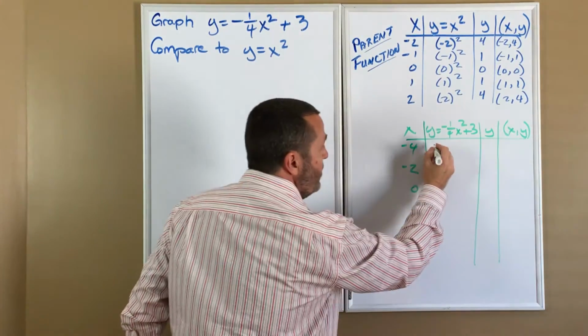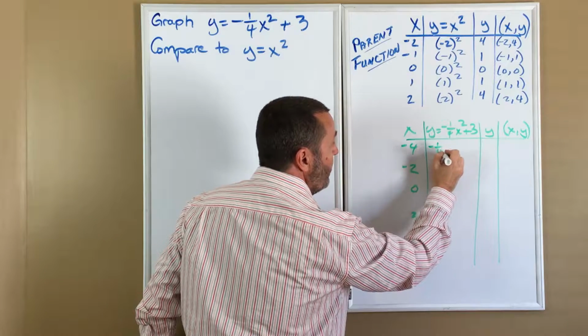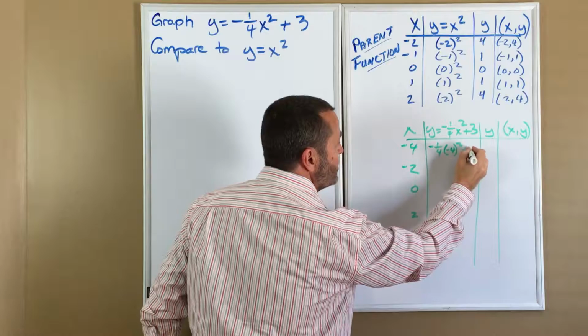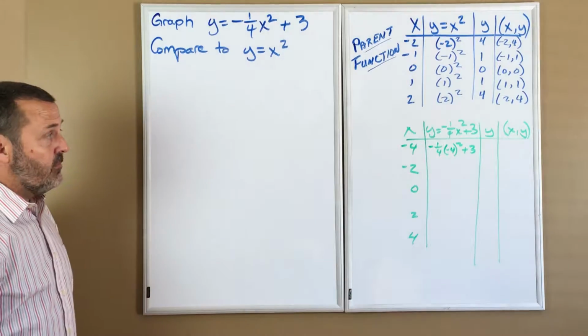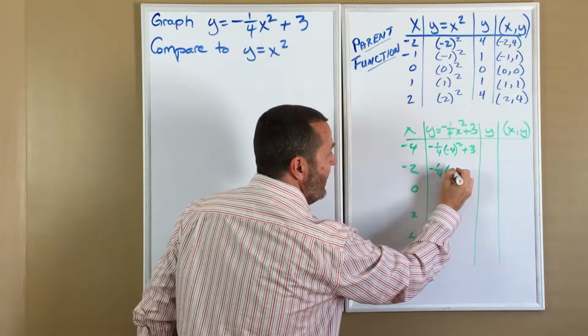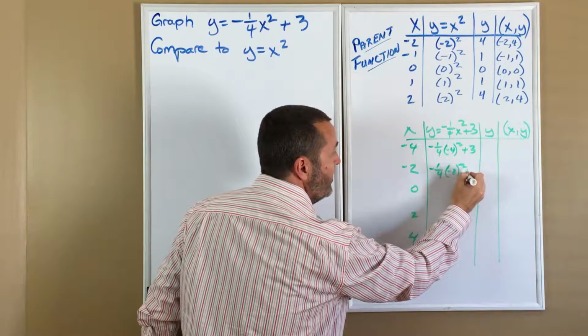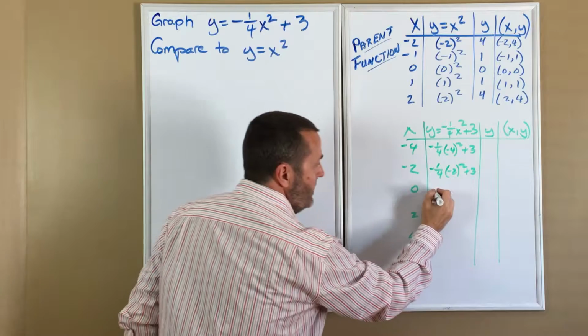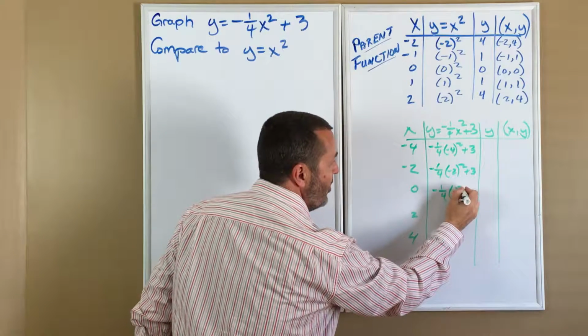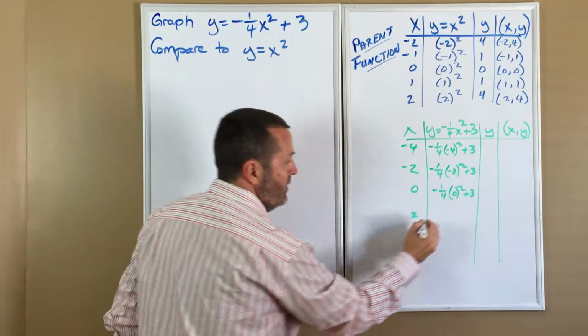So, I have to go through negative 1/4 times negative 4 squared plus 3. For my second one, it's going to be negative 1/4 times negative 2 squared plus 3. Negative 1/4 times 0 squared plus 3.